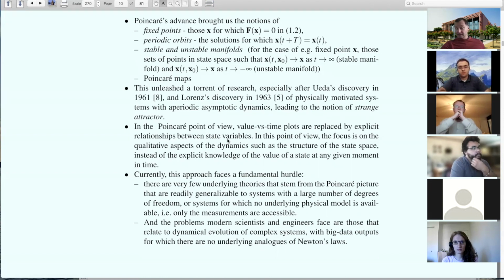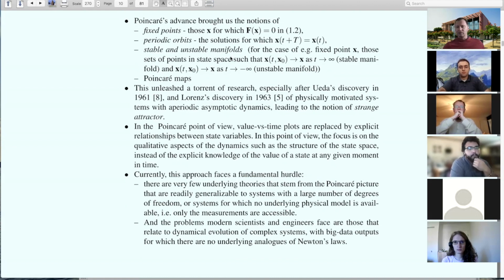And this obviously brought a lot of understanding of dynamical systems, and this whole conceptual framework basically penetrated any mathematicized science that we know of.